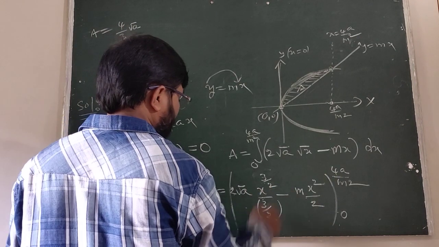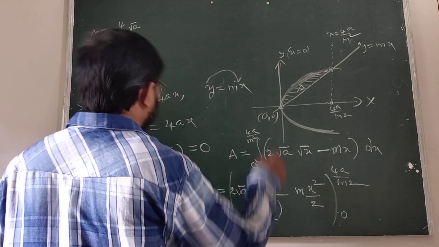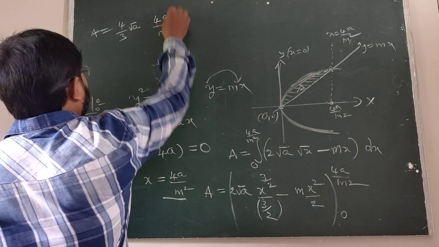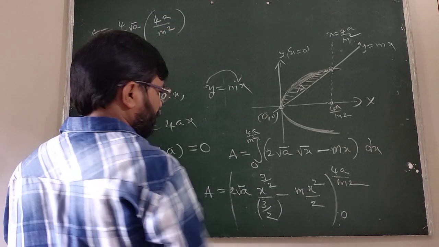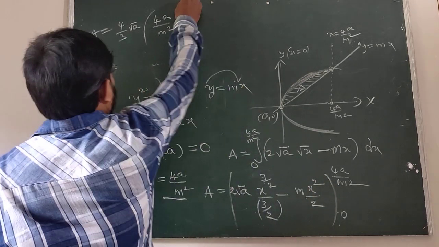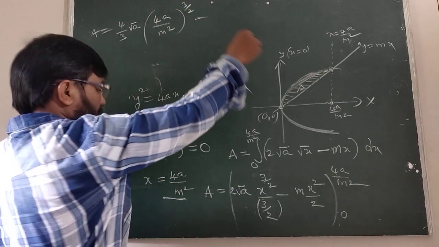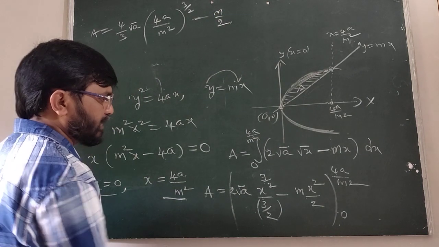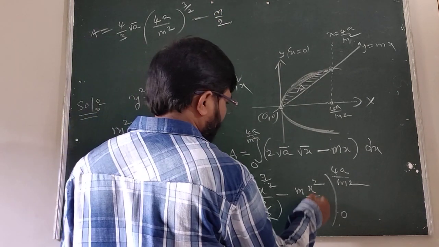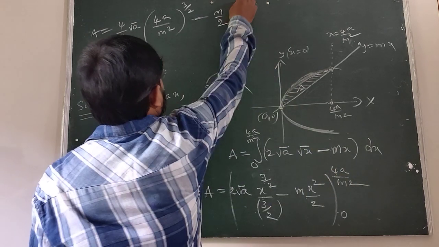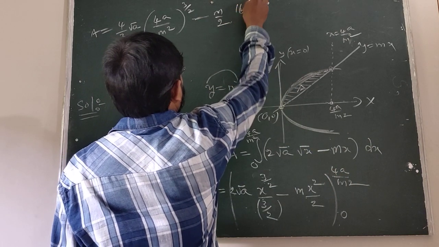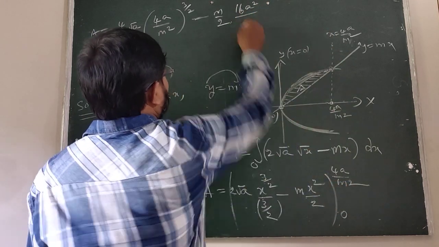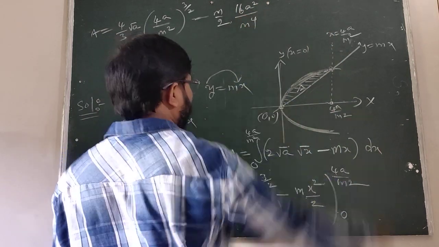The x we substitute is 4a by m square whole power 3 by 2, minus m by 2 x square, which is 16 a square by m power 4. Then we substitute the lower limit 0.